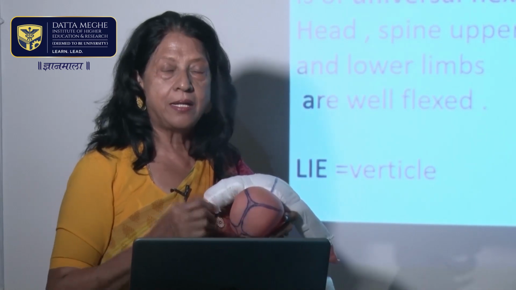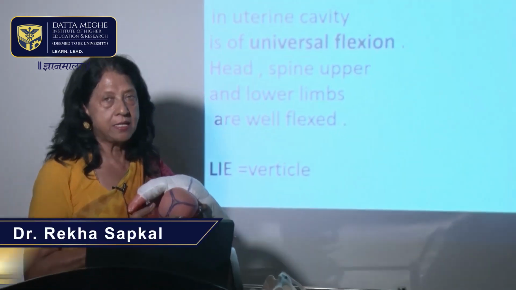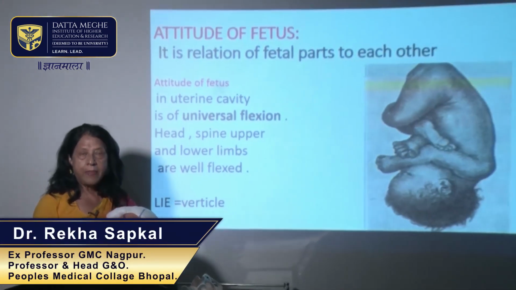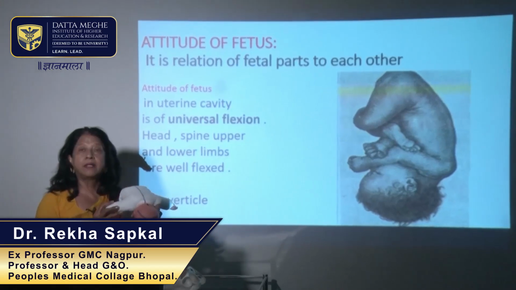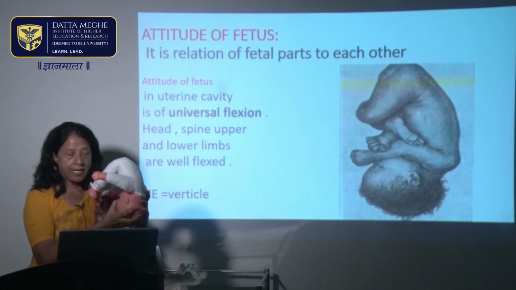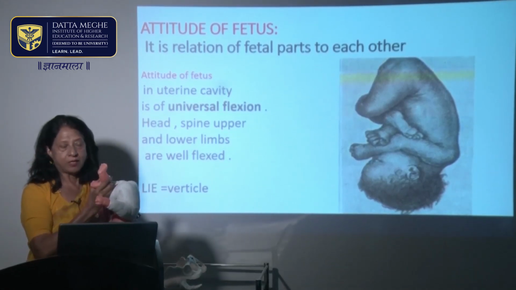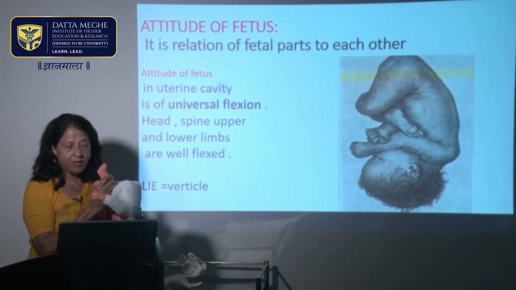So, the other terminology which is used in labor is the attitude of the fetus. Attitude is the relation of the fetal parts to each other, meaning the head is well flexed, the upper limbs are flexed and lower limbs are also well flexed. So, it is of universal flexion.